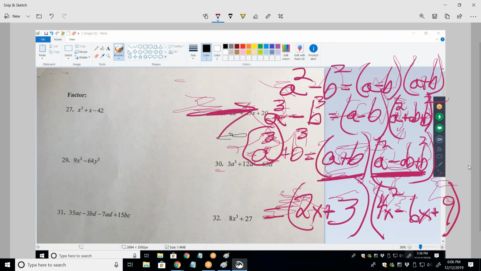And notice that these are actually not that hard to memorize. Notice that starting with the difference of perfect squares, the first term is always a, the same sign, minus b. Second one, a minus b. Third one, a plus b, because we're doing the sum of perfect cubes. So the first term always matches the sign.